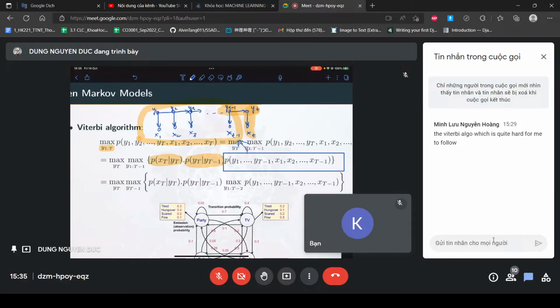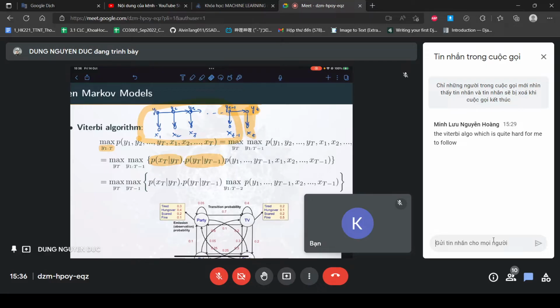When you extend the formula, you get these two parts, and the form of it is like a recursion. Suppose that you can find the joint probability of x from 1 to t minus 1 and y from 1 to t minus 1. Then you can transition from yt minus 1 to yt.